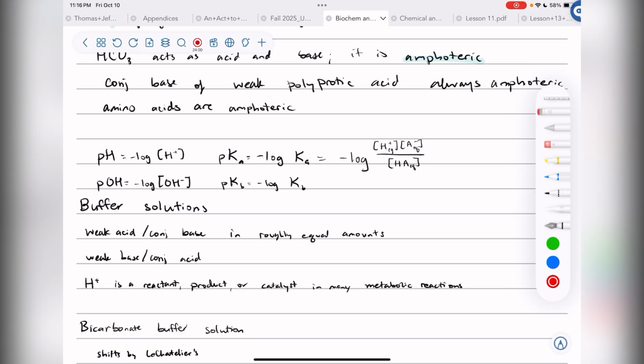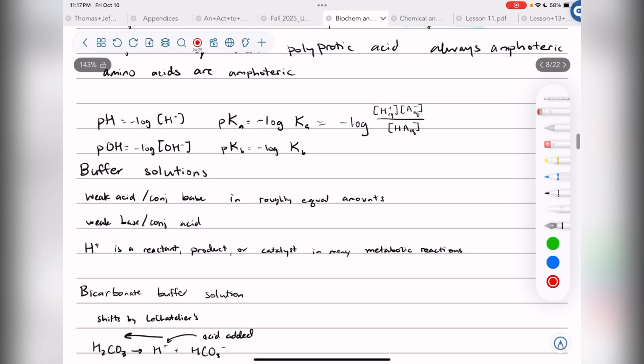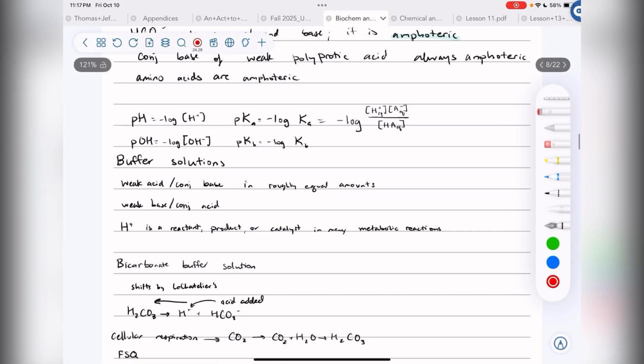So the pKa, if you looked at it, is going to give you the pH at equilibrium for that acid. Yep. And so, okay, that's going to come up later.